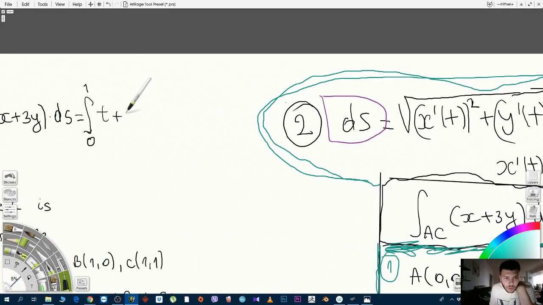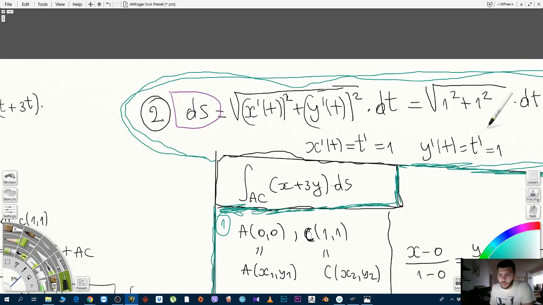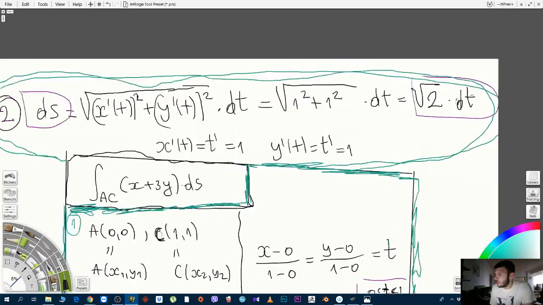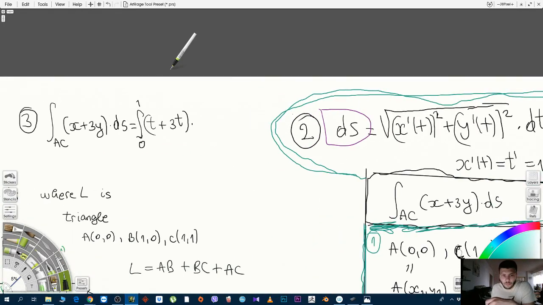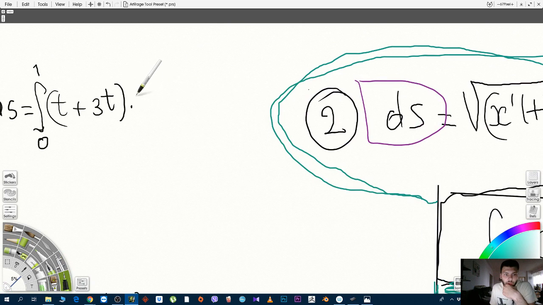So we have t plus 3t, and ds is equal to square root of 2 times dt.